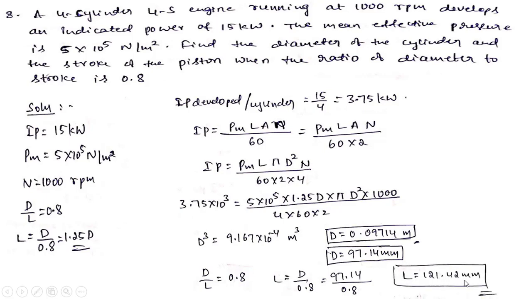It is in millimeter, because I have substituted the diameter in millimeter. If you substitute 0.09714, then the L value will come in meter. So please be careful which value you substitute, and write the same unit. So the stroke length is 121.42 millimeter. This is the way of calculating diameter and stroke length.